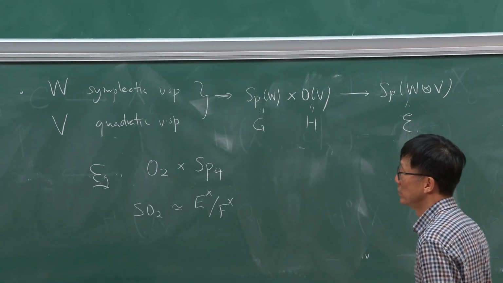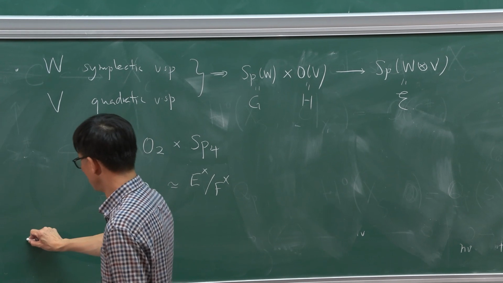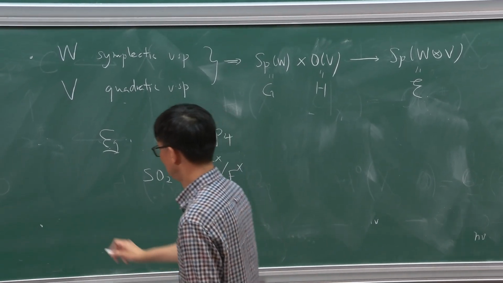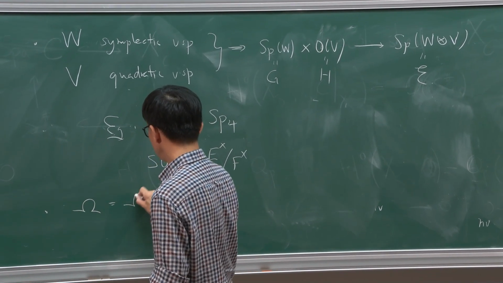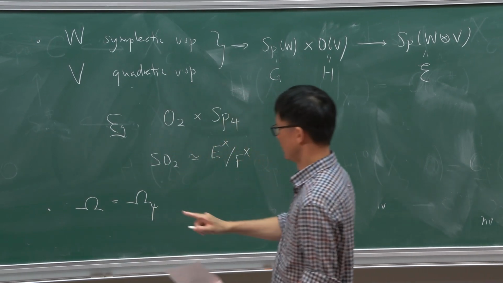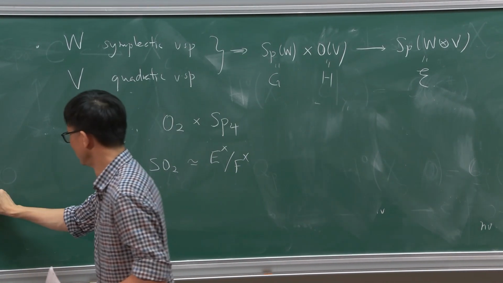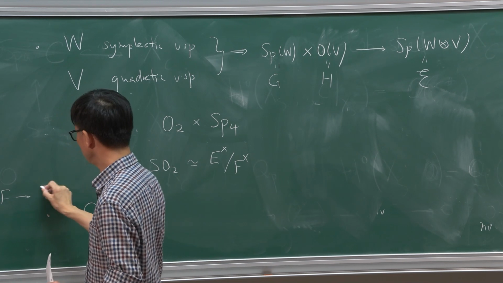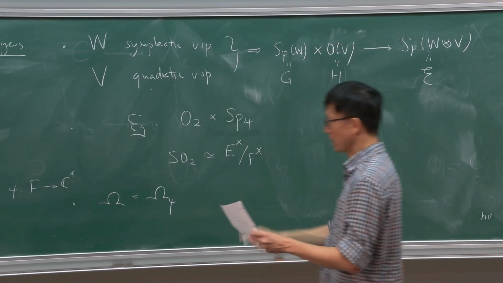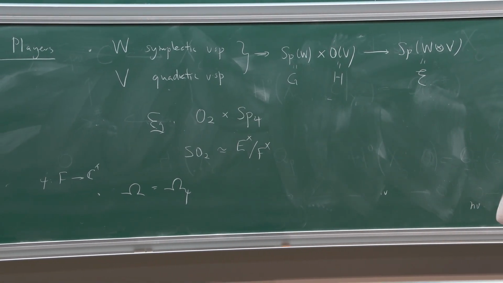The other ingredient we need is a representation omega. This representation depends on some piece of data, some non-trivial additive character of your field, but I'm going to ignore this in this lecture.